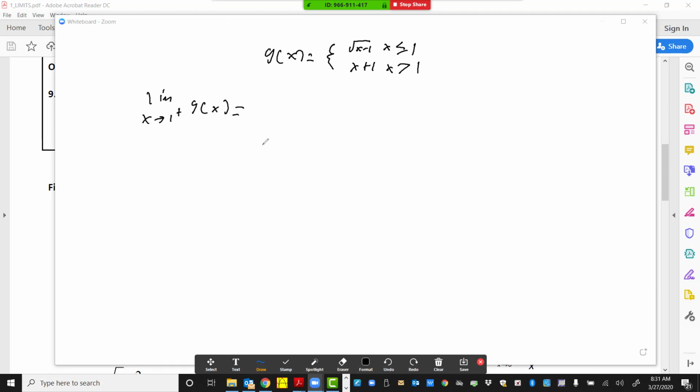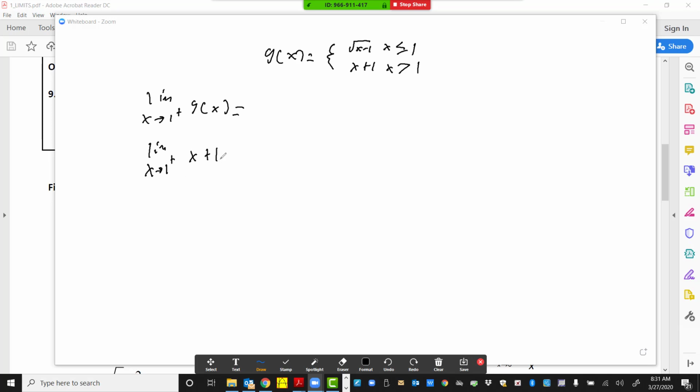Well, if we look at this, which side of these comes from the right of x? Well, the right is numbers that are more positive than 1, so this is the side that deals with numbers that are bigger than 1. So we're really looking at the limit as x approaches 1 from the right of x plus 1.